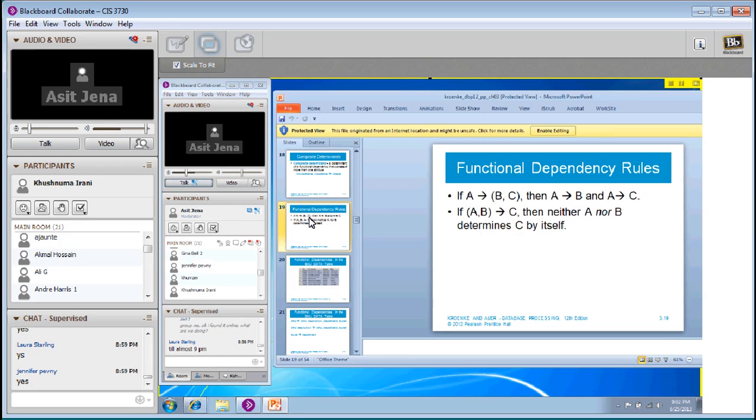Similarly, just by zip code, you cannot. So A and B combined determine C, the location of a residence, but neither A nor B by itself determines C.